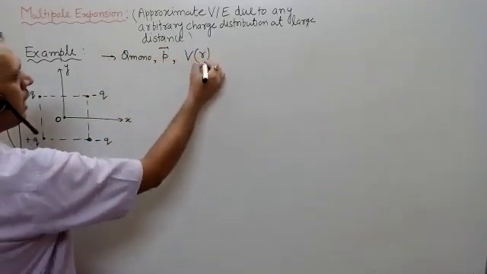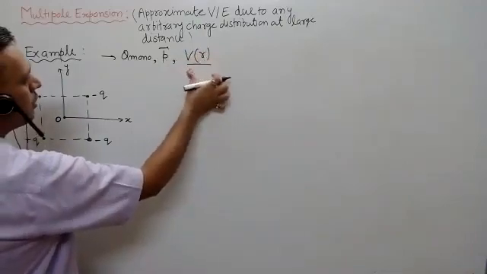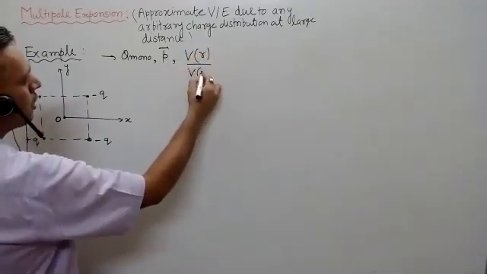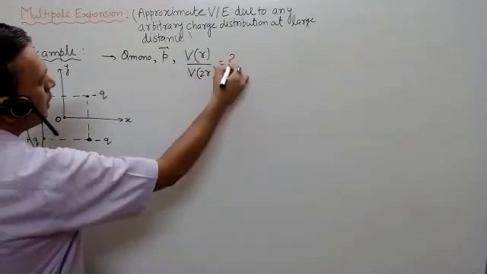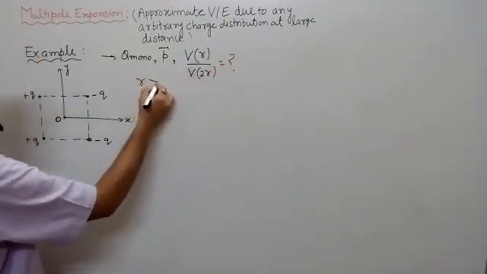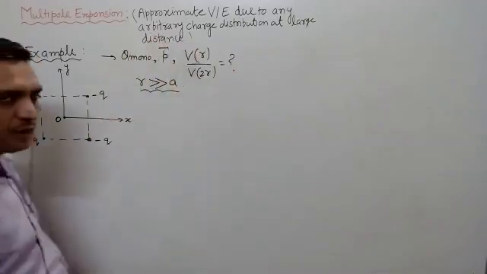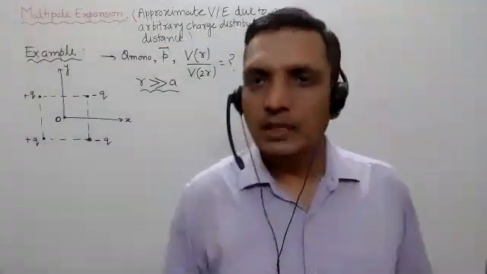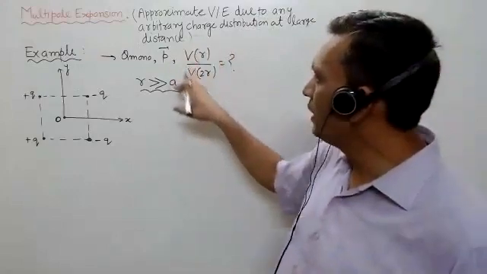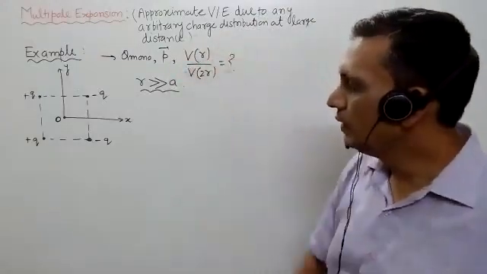What will be V(R) by V(2R)? The ratio of potential, where R is far greater than A, meaning point R is far away from the charge distribution. So you have to find the approximate dependence, then you can find this ratio.